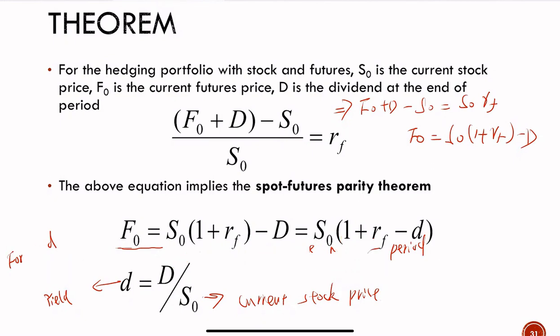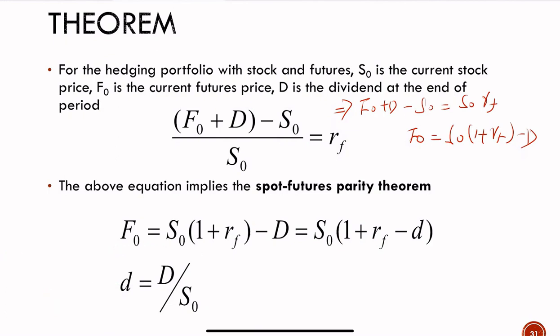So now you can see that the idea of this formula is pretty simple, right? It basically says that if you tell me today's stock price, and if you tell me risk-free rate, and this stock's forward or the future dividend yield, then I can tell you what is today's futures price.